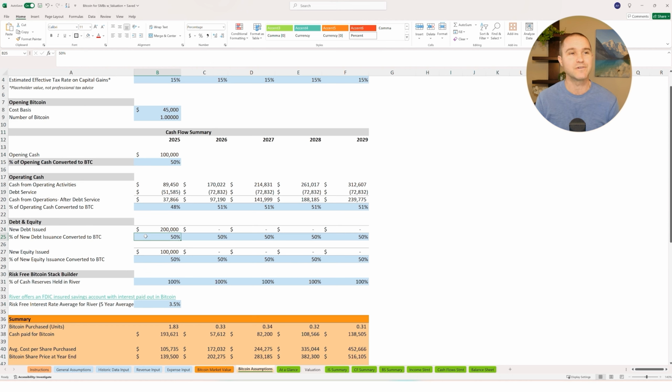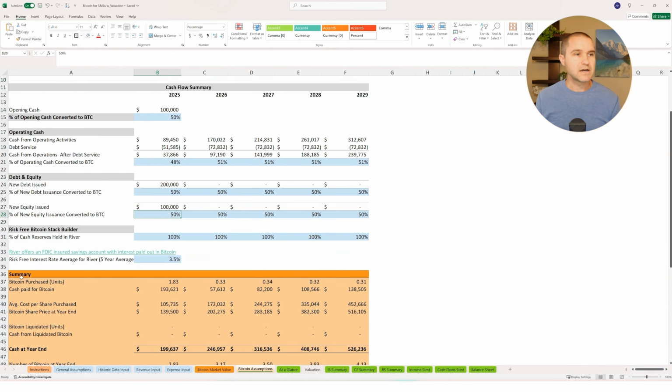I'm guessing that probably won't fly, but we want to have the ability to model this in here as well to follow that MicroStrategy playbook. Let's say you want to sell a portion of the company, so you're selling shares of the business, raising cash, and then you can put a percentage of that new equity issuance into Bitcoin as well. So we have assumptions for that.